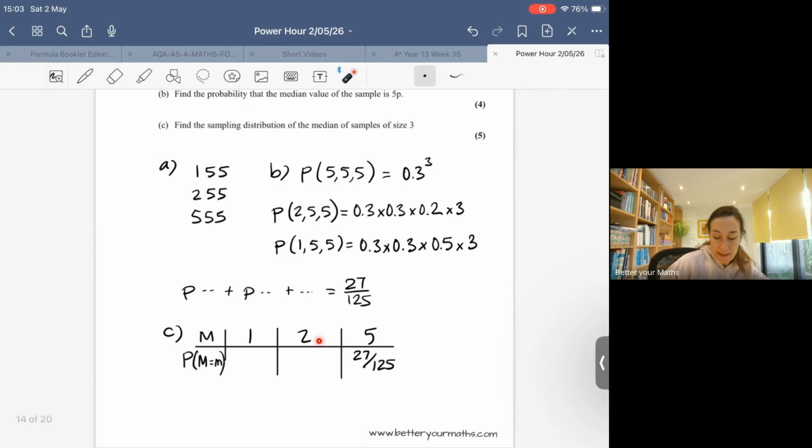For the last one, we can see the options. The options would be 1, 2, 2, 1, 2, 5, 2, 2, 5, 2, 2, 2, and add them together, or do 1 minus these 2 together. Because they must add up to 1, so it's up to you. You can, again, check the options, or just do 1 minus these 2.